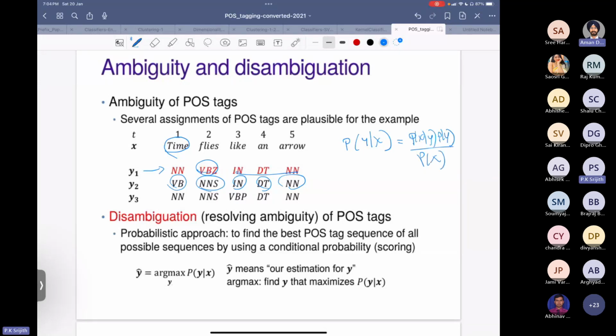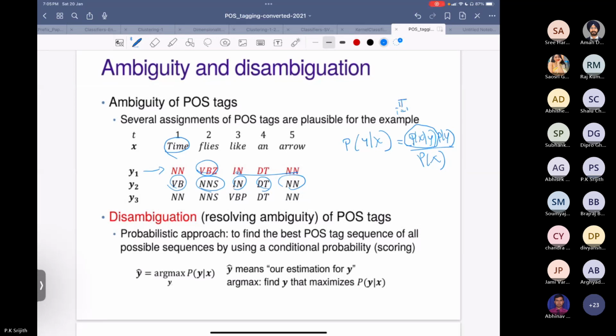Or in a generative model, you try to model it as P of x given y into P of y divided by P of x. And such a modeling is Naive Bayes classification, right? In a Naive Bayes classifier, you make an additional assumption that this P of x given y is modeled as a product over i equal to 1 to d of P of x_i given y.